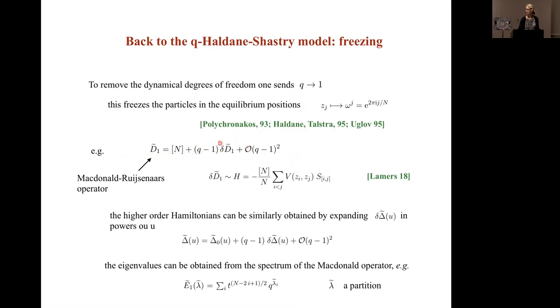The first is trivial, and then the second is this Hamiltonian that was simplified by Jules a few years ago. You can do it also for the generating function of conserved quantities, this delta. This object contains all the conserved quantities of Q Haldane-Shastry. And as a bonus, you get the dispersion relation freely, because you know what the energies are for the Macdonald operator.